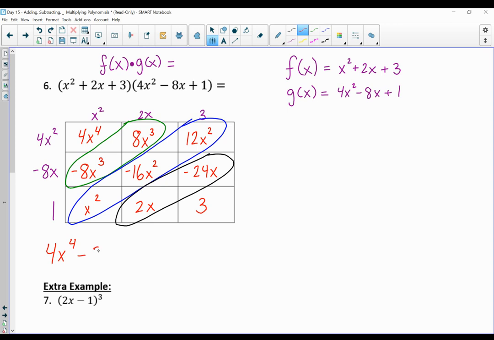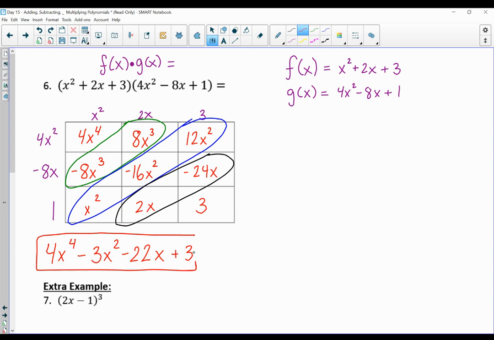So this is going to be a negative 3x squared. And you can put this in your calculator. 1 minus 16 plus 12 will be negative 3. Next one, we have 2 minus 24. That's going to give us a negative 22x. And then plus 3. And that is our final answer.